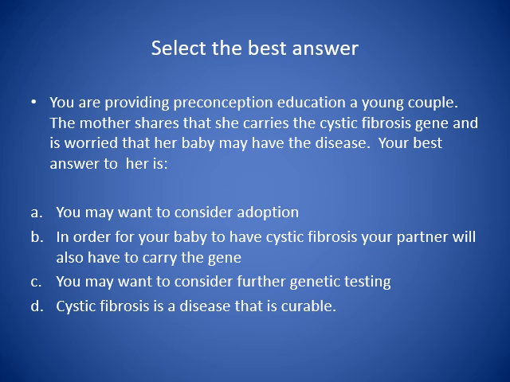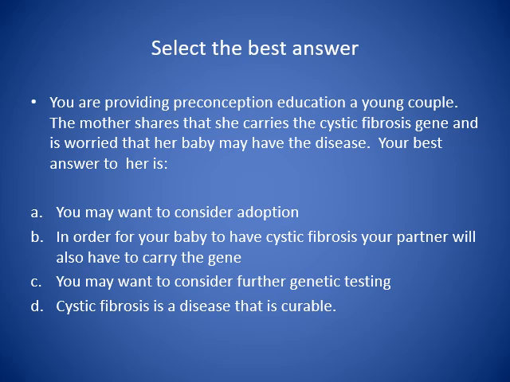So select the best answer. You are providing preconception education to a young couple. The mother shares that she carries the cystic fibrosis gene and is worried that her baby may have the disease. Your best answer to her is: A, you might want to consider adoption.